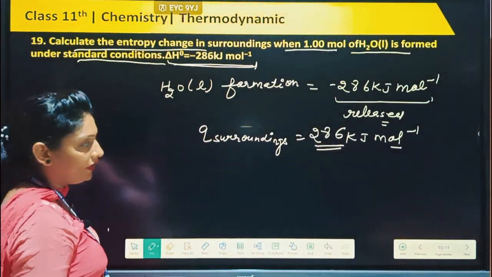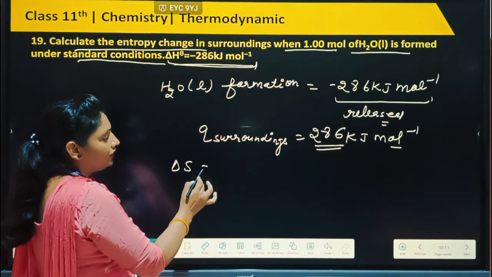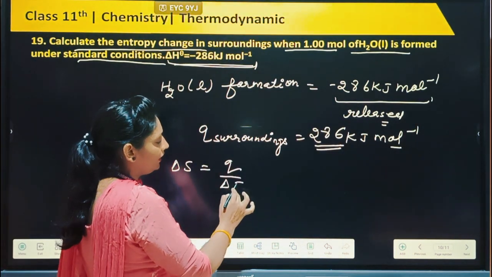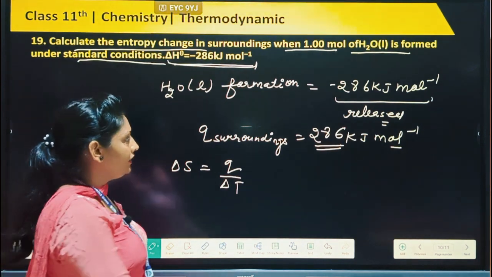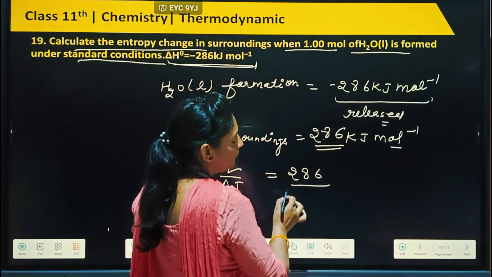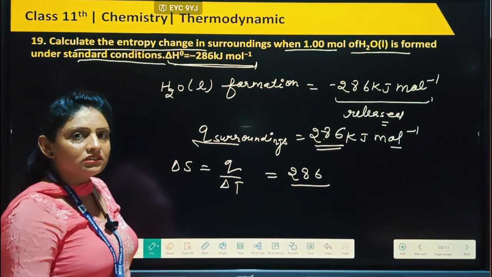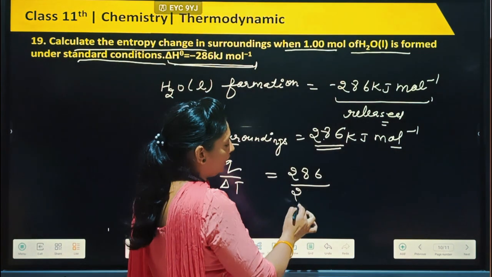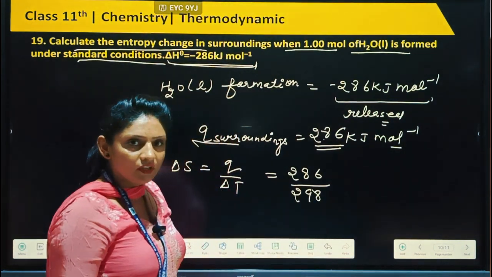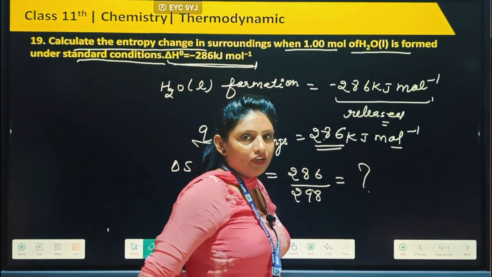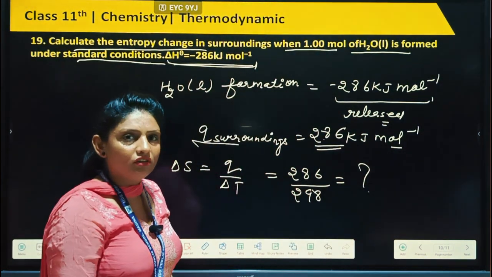What is the formula for that? Del S is equal to Q by T. So students, here Q surrounding is this 286 by T. You can take standard temperature because it is not given to us. So you can take 298. Then you will calculate yourself and you can get your answer.